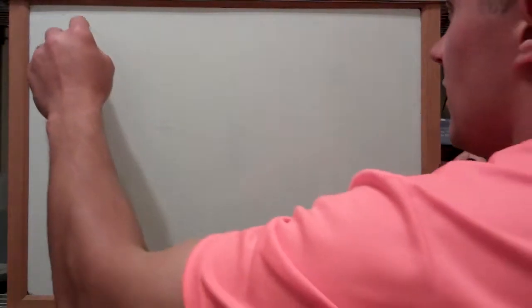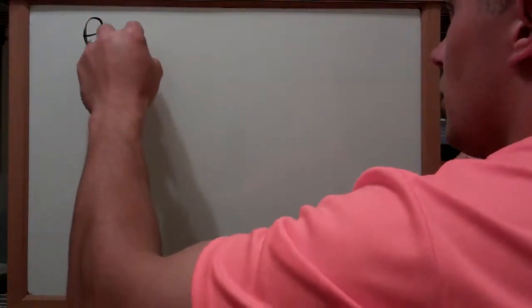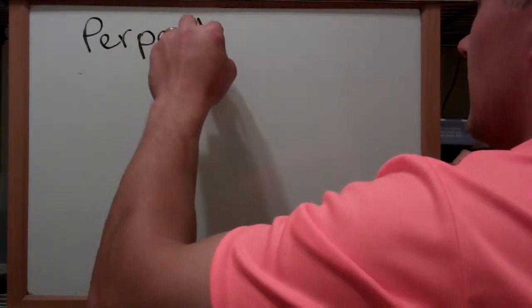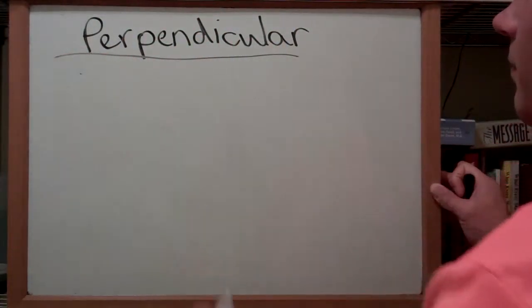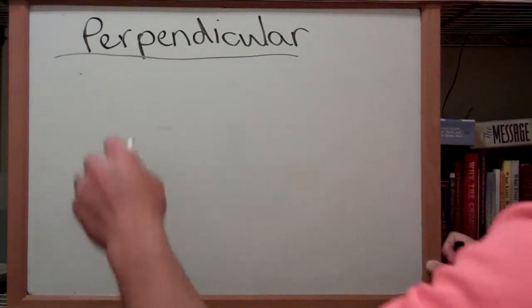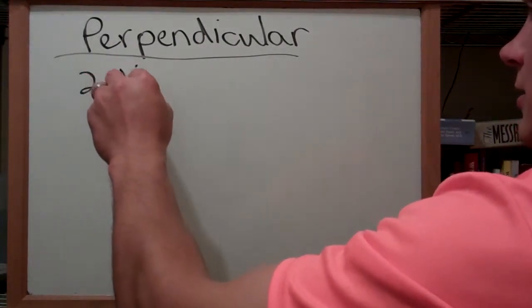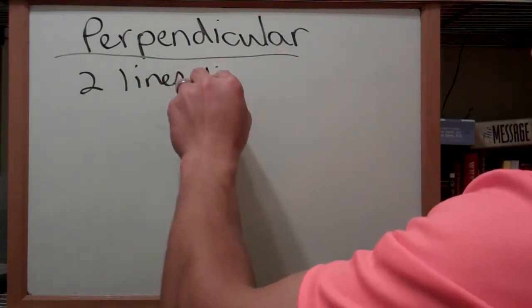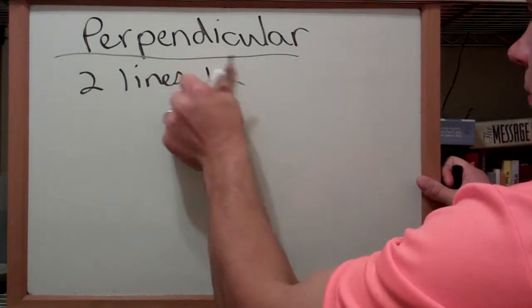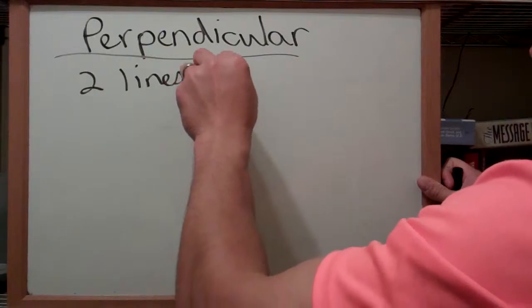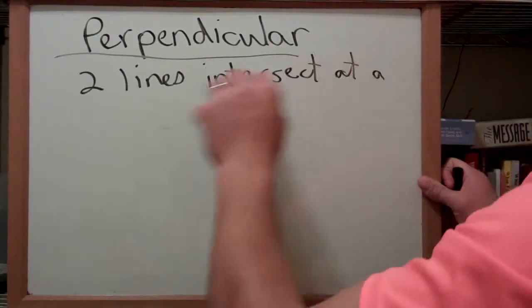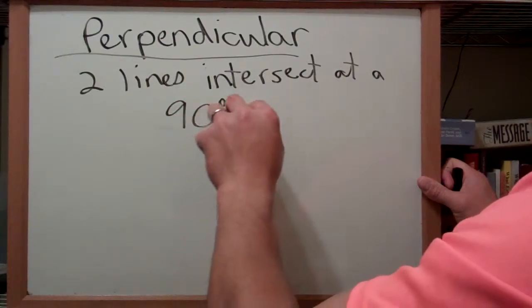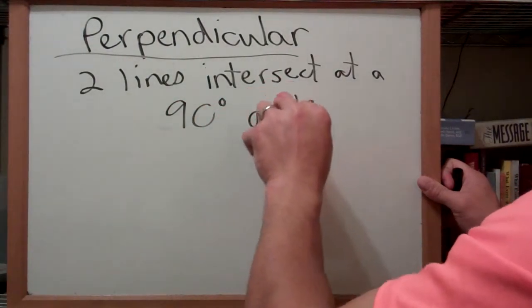So remember, perpendicular. This means that two lines intersect at a 90-degree angle.